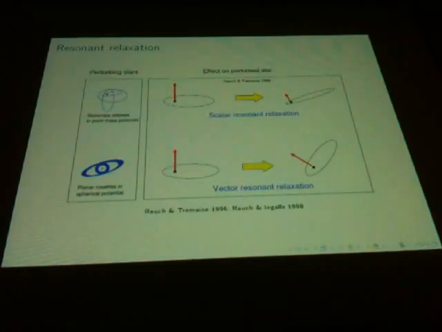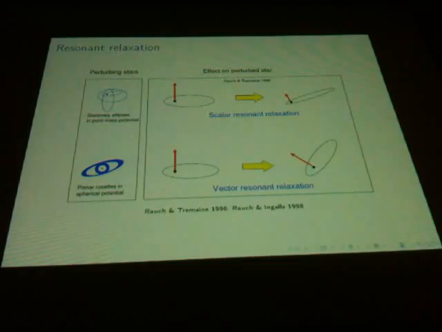So, briefly, what is resonant relaxation? As I mentioned, if you have a system composed of a large number of discrete bodies, an n-body system, large n, it's unavoidable that over time, just by chance, a few of these bodies will interact rather closely, and then instead of moving in the time-averaged mean potential of the system, they will experience sharp changes in their motion.